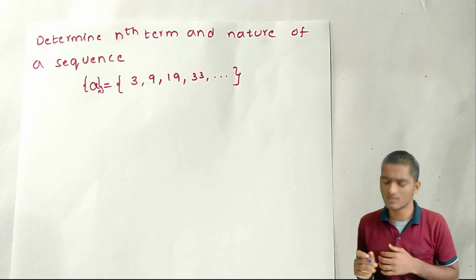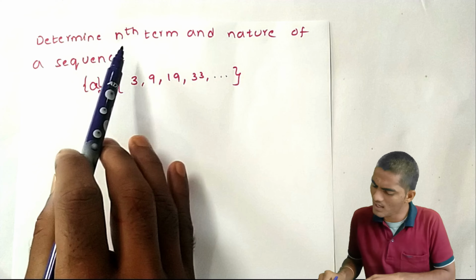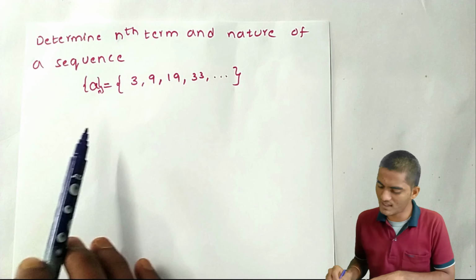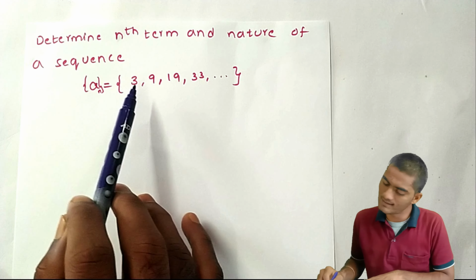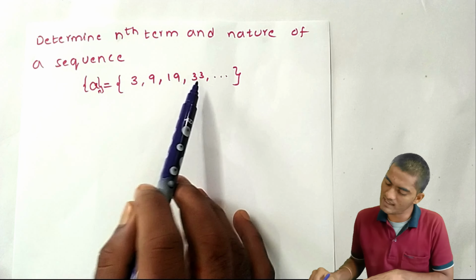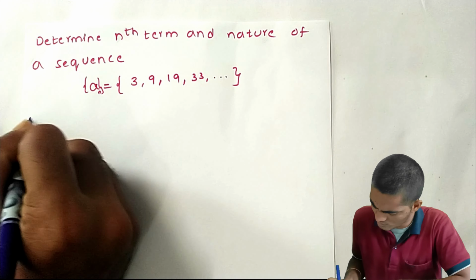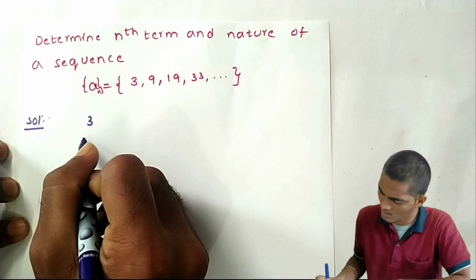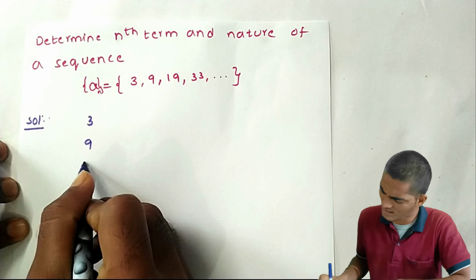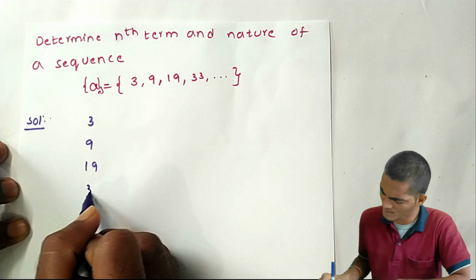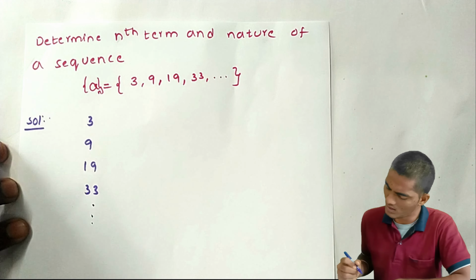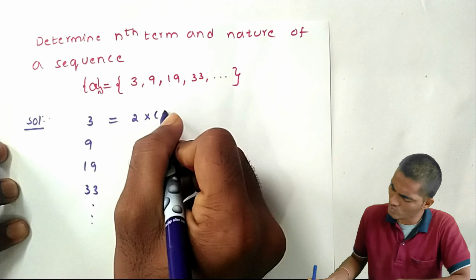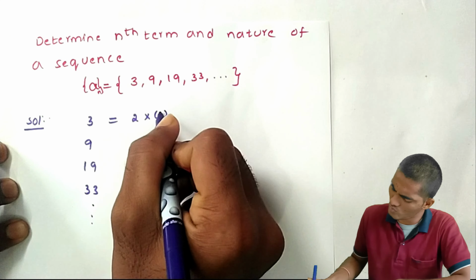The next example is: determine the nth term and nature of a sequence. Given sequence equal to 3, 9, 19, 33 and so on. Solution. Here the first term is 3, the second term is 9, the third term is 19 and the fourth term is 33 and so on. Okay. First, 2 into 1 square plus 1.